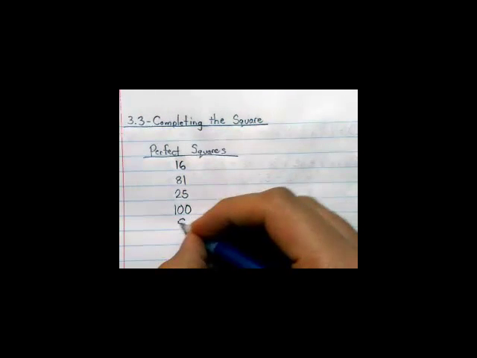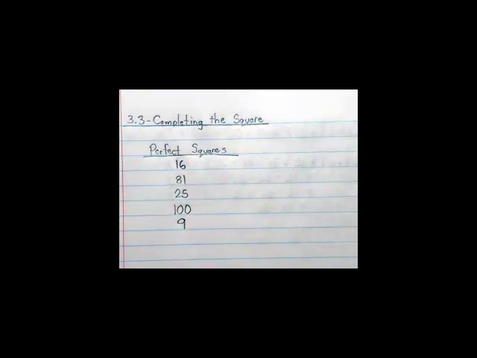Yeah. 9? Yeah. Okay. So, how do you know that those are perfect squares? What makes them perfect squares? No decimals. Somebody raise your hand. Yeah? There are no decimals. Well, there's lots of other numbers that are no decimals. You mean when you take a square root, there are no decimals? Yeah. Uh-huh. Well, why is that? How does that come about?